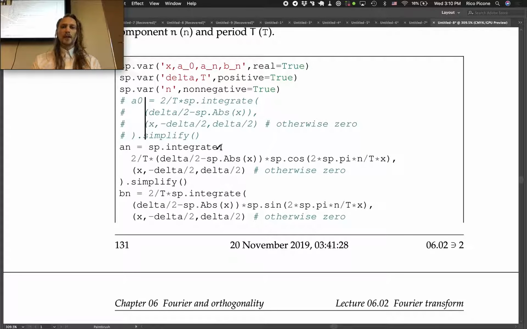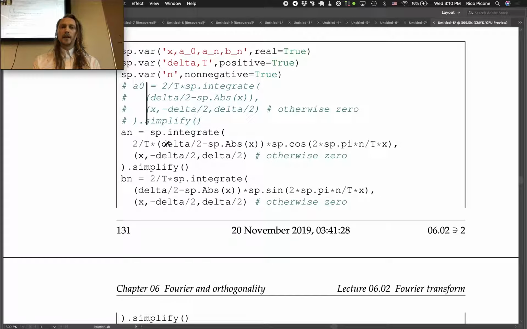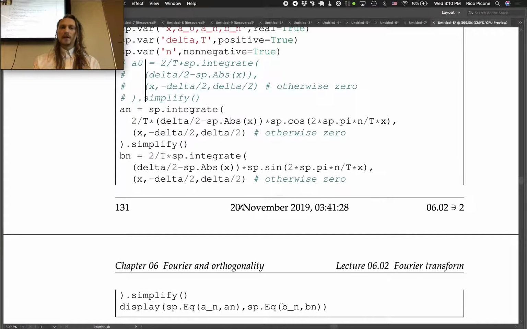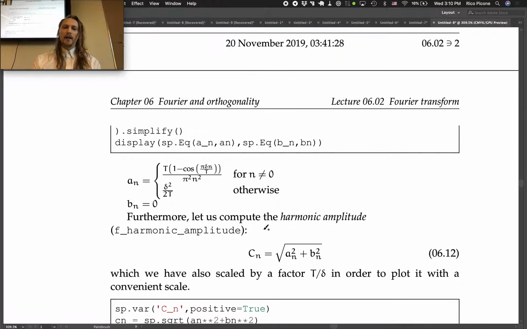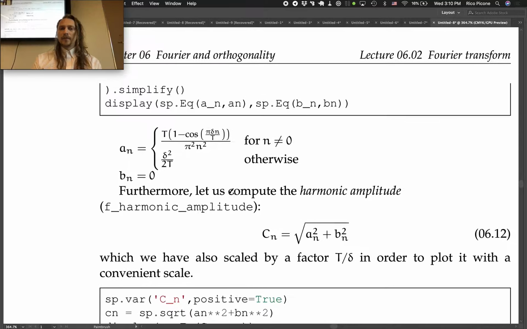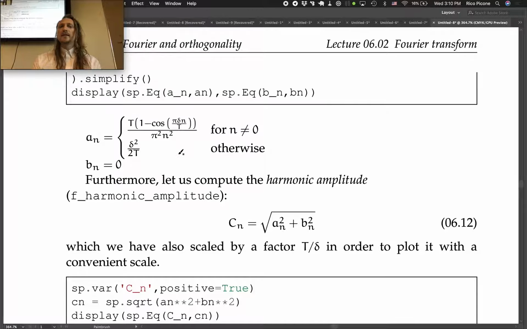So I use integrate to integrate over a period to find the a_n, and do the same thing for the b_n using the sine. Cosine for a_n, sine for b_n, and I get a pretty nice output. It took me a little finagling to get it here, but SymPy does a nice job of recognizing that a piecewise representation here is actually pretty useful.